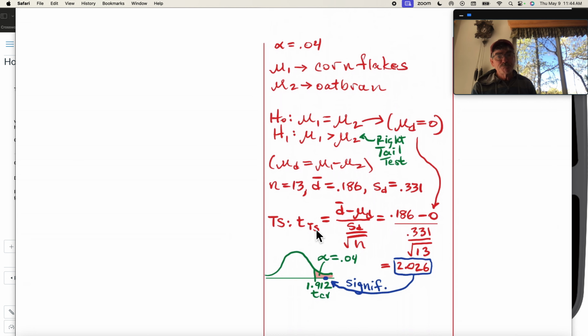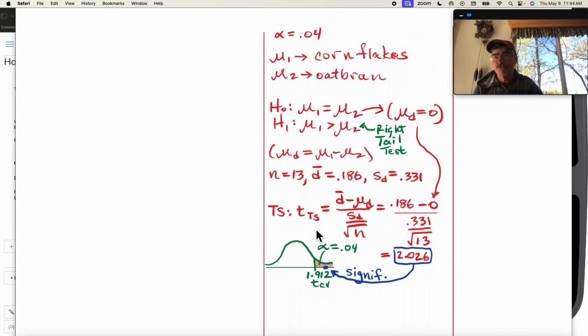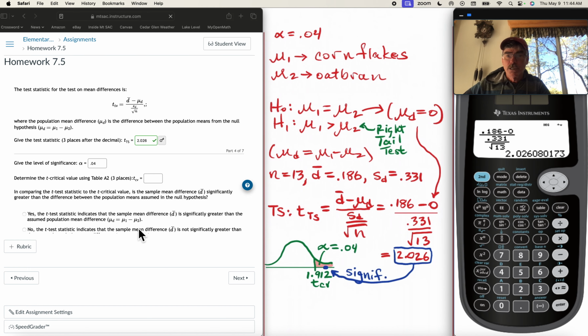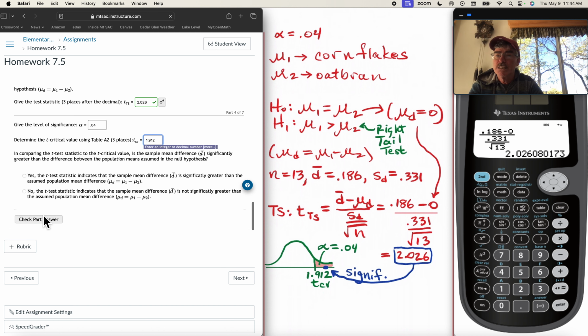Okay, let's go ahead and answer some of these questions. Okay, so critical value is 1.912. It's going to want a p-value next. We did say yes, the t test statistic indicates the mean is significantly greater.